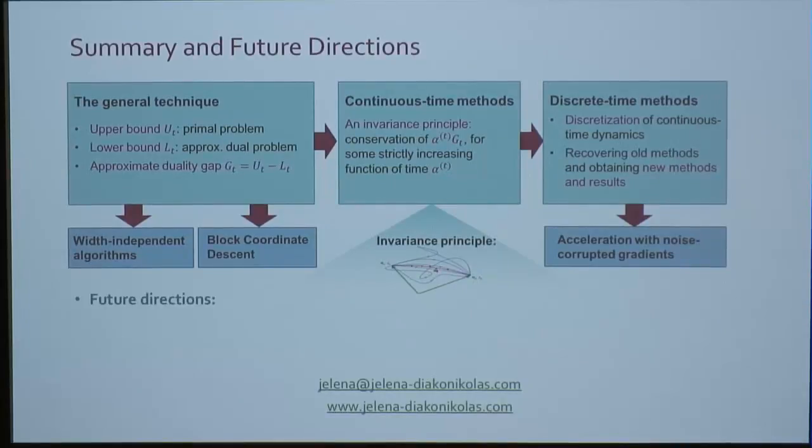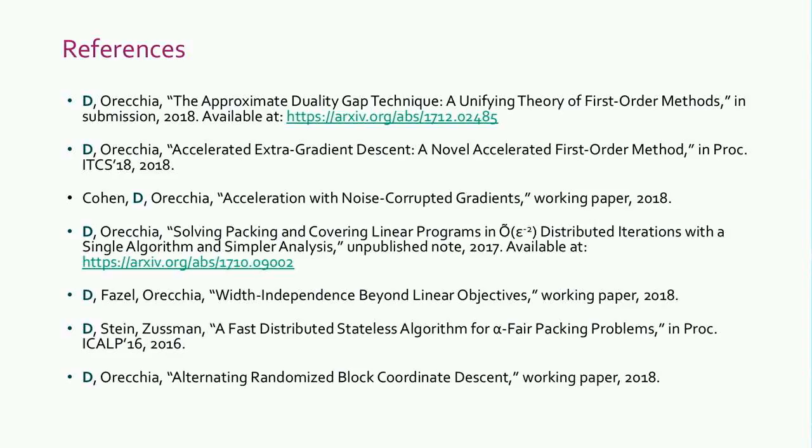What I'm interested in working on in the future is trying to extend some of these techniques to the setting of stochastic methods and seeing what happens there when we have a noisy setting. And I'm also interested in some problems in non-convex optimization. Thank you for your attention. And the talk was based on this series of papers.